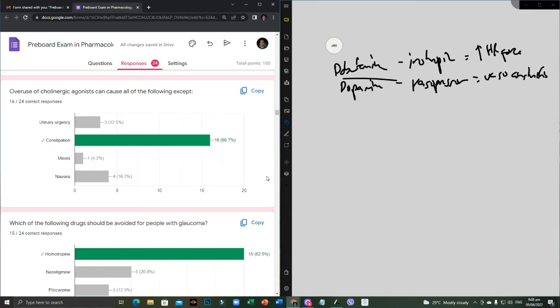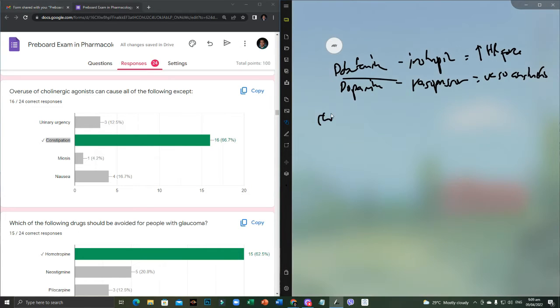Overuse of cholinergic agonists can cause all of the following except. Take note of this term, cholinergic agonist. So, class, constipation is a classical sign of a cholinergic antagonist. It means that a cholinergic antagonist is the opposite.